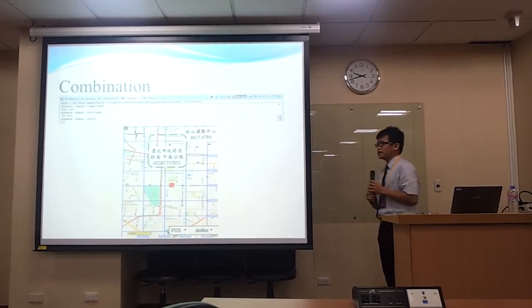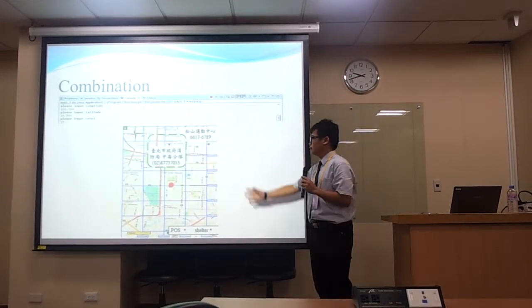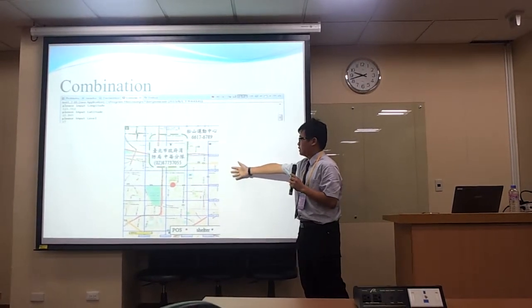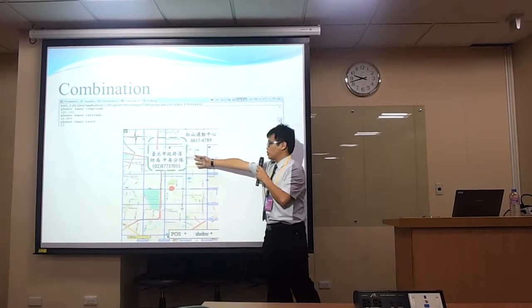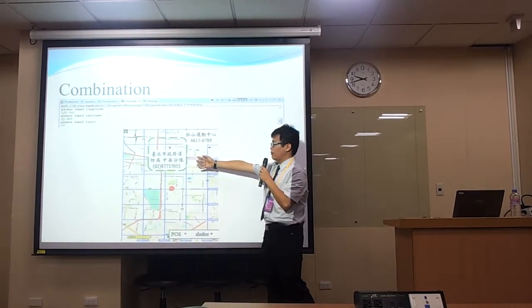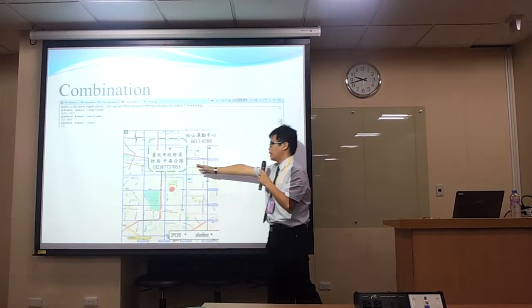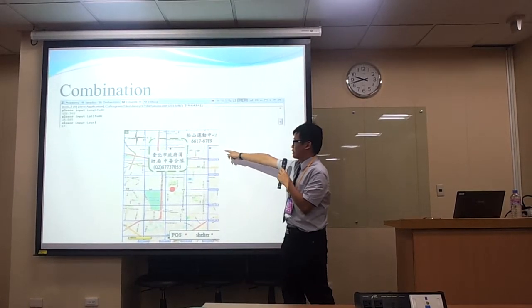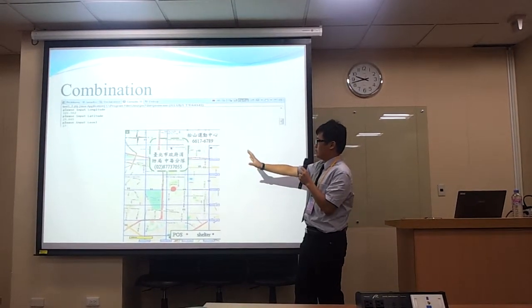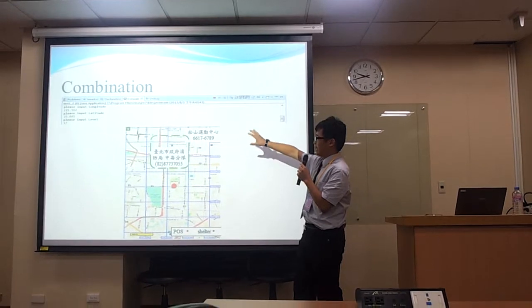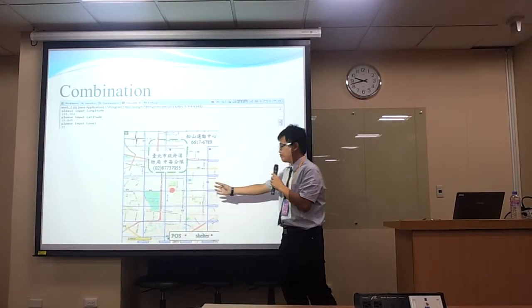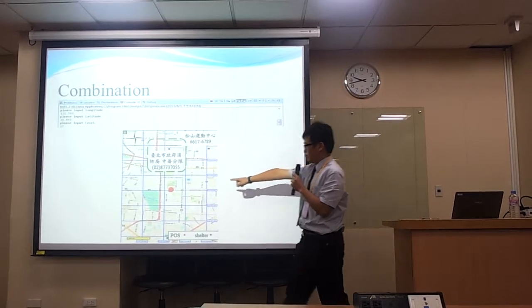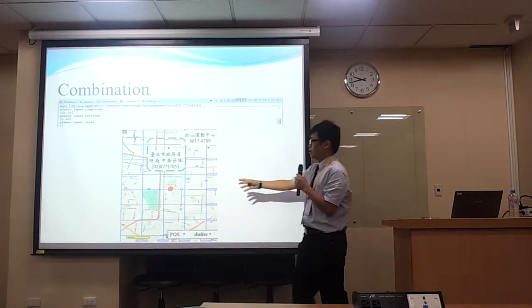So this is the combination. This is the map, the image data, and this is the relative information of the shelters. The blue points mean the data that will be placed here, and the red point is the position of the POS.